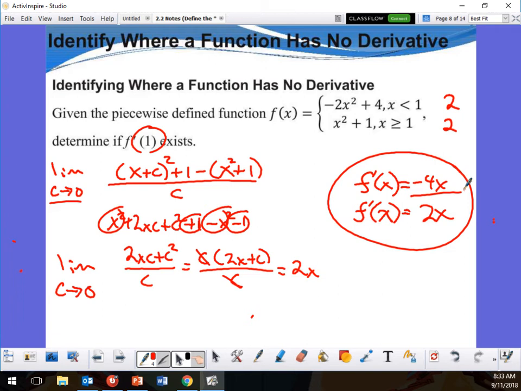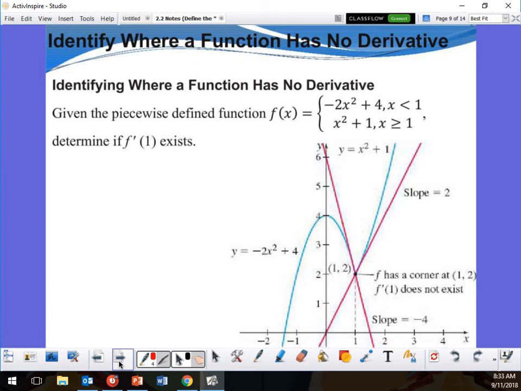All right, now here's what it looks like. I have the top one in blue.